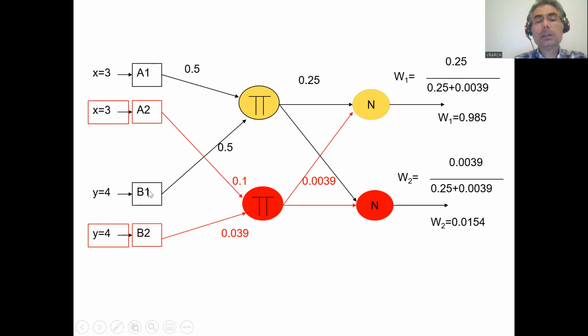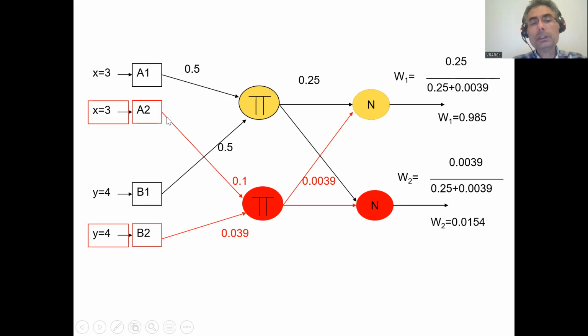Let's have a look at which ones are going to be fired based on the if-then rules. x is 3, A2, and y is 4, B2, because this is in the rule: if x is A2 and y is B2, then you make the calculation.